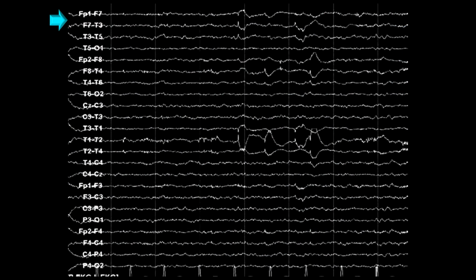In this new epoch, the arrow is pointing to F7, and as you can see, this lateral rectus spike is quite prominent there, but the spike seems to be larger when recorded from the T1 electrode. It's also present at F8, and again, you can see it a little bit larger at T2.